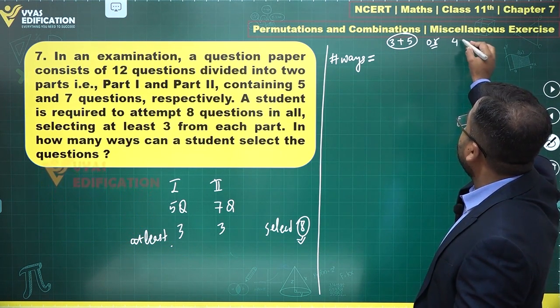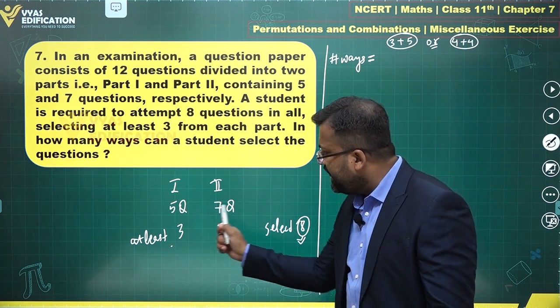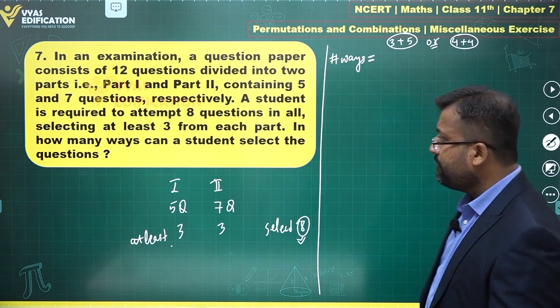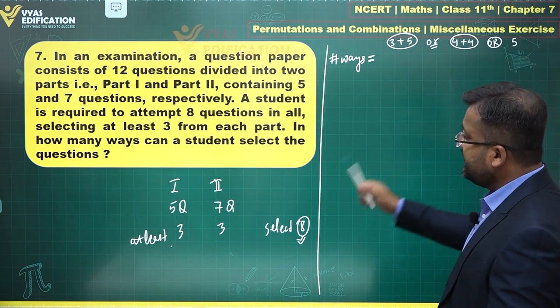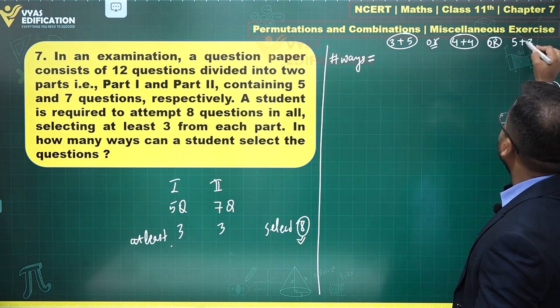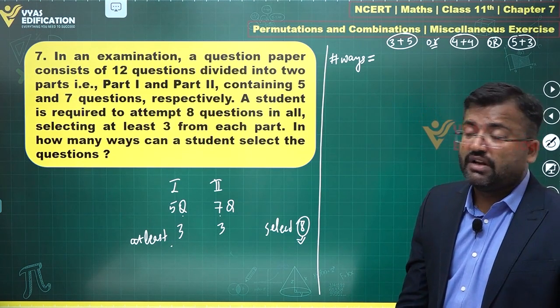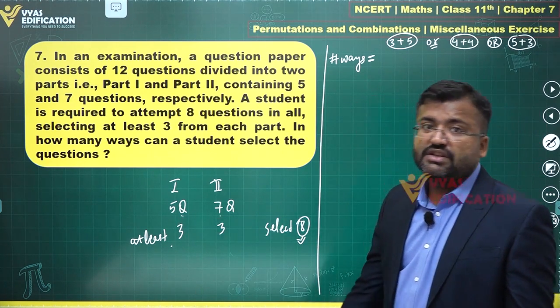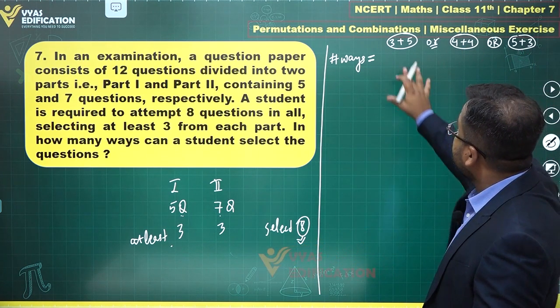You can select 4 from here and 4 from the second part. Or you can also select 5 from this and 3 from the second part. Are 6 selections possible from this? That's not possible, right? So those are the various cases.